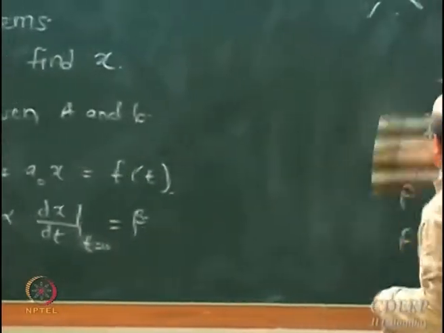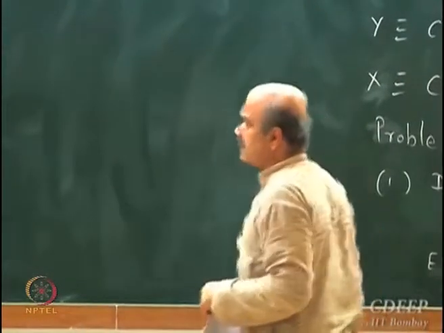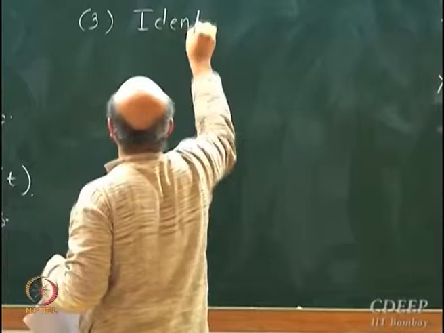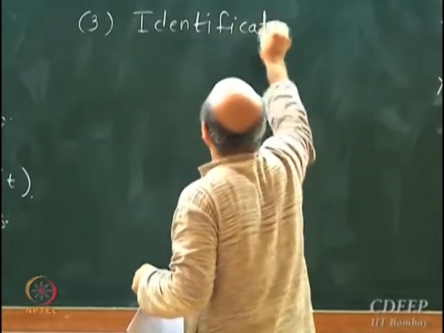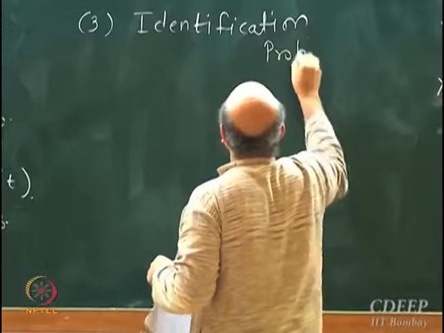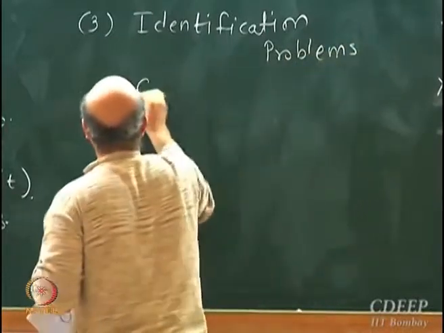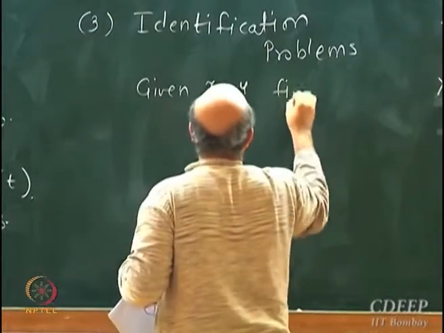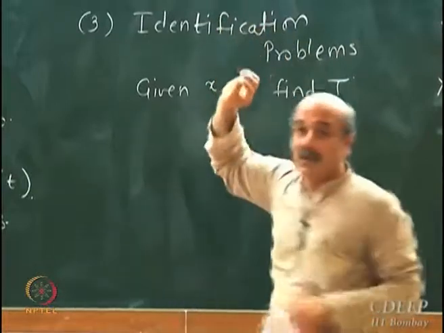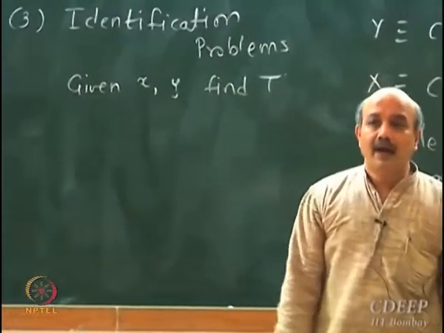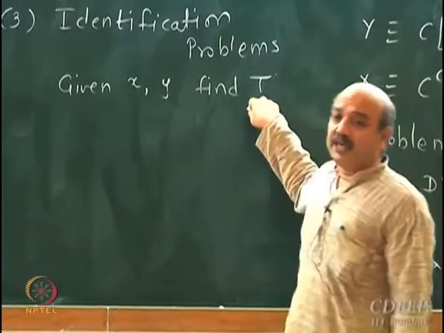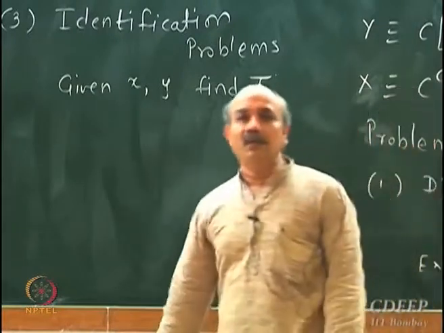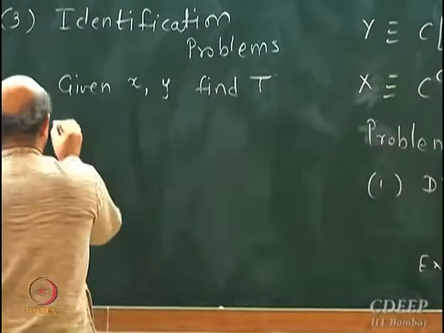So the third class of problems that you encounter in engineering mathematics are identification problems. So you are given x and y and you are asked to find out the operator T. Okay, the classic problem here is model parameter estimation.